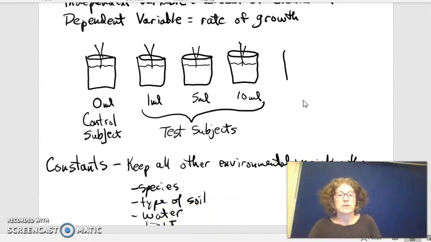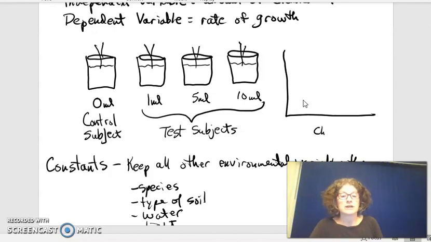Let's say that after a while you get a bunch of data, and I'm going to make a graph here. On the x-axis you have your amount of chemical X, and over on the y you have rate of growth. And let's say that here was 0, and here was 1, and here was 5, and here was 10 milliliters. Forgive me for not adding units.